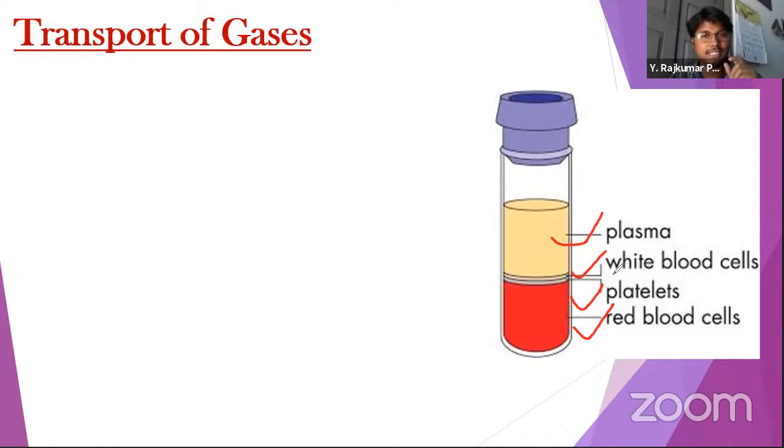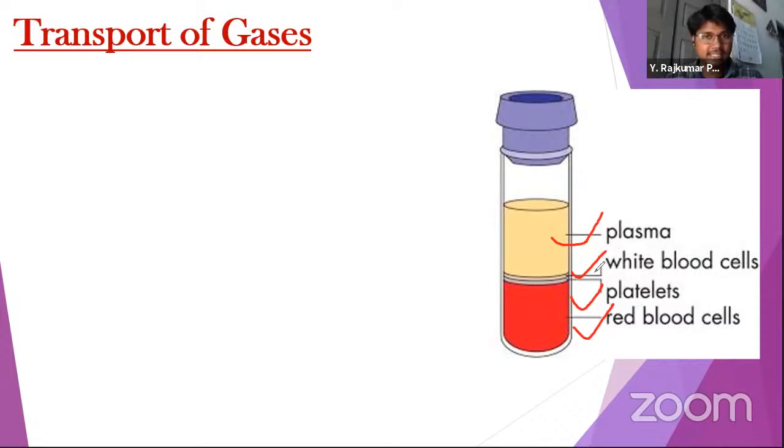These cells are of three types. First is RBC, which is red blood cells. Second, WBC, which are also called leukocytes, and thrombocytes, which are also called platelets. So these are the components of the blood.